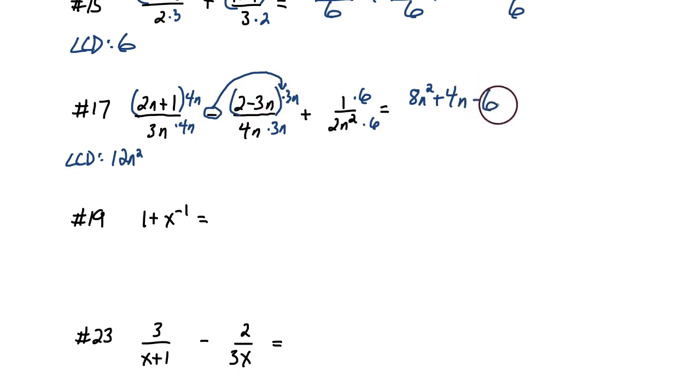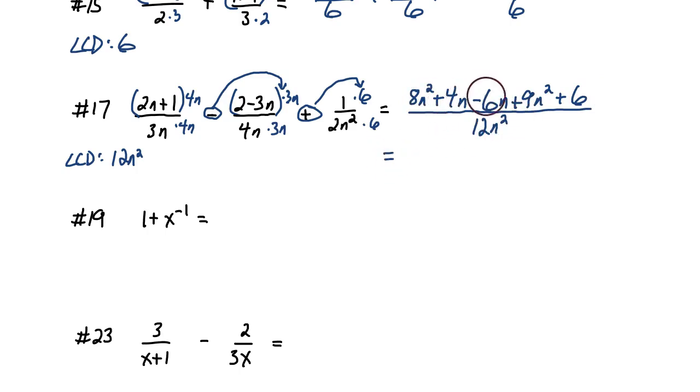That makes negative 6n. Think of it as negative 3n times negative 3n. That's positive 9n squared. Okay, this last one has a plus sign, so we're thinking of it as a positive 6 being times to 1. And that makes positive 6. And that's all over our common denominator of 12n squared.